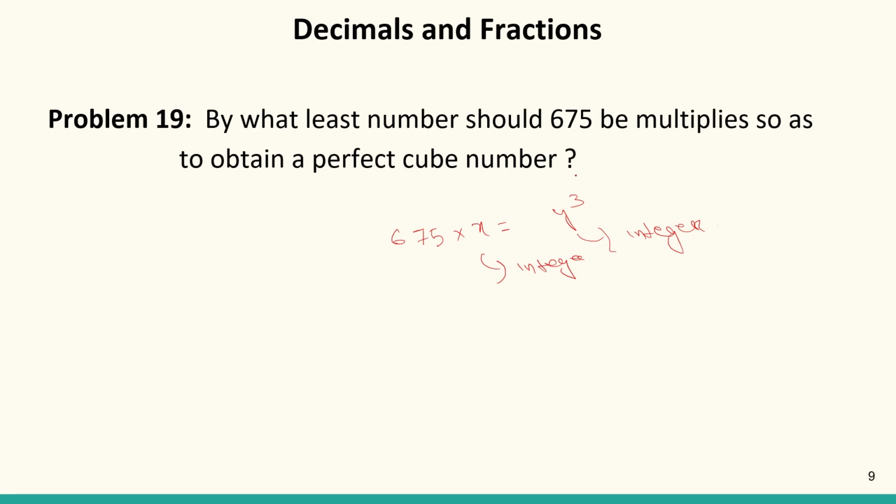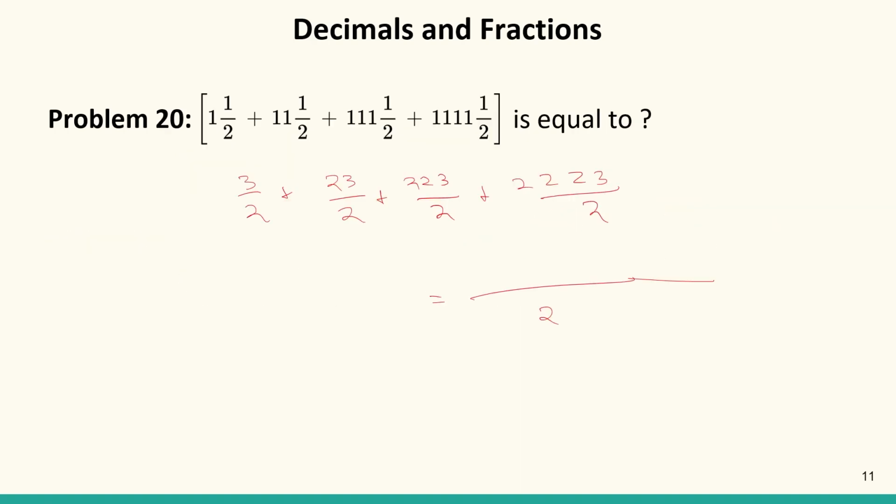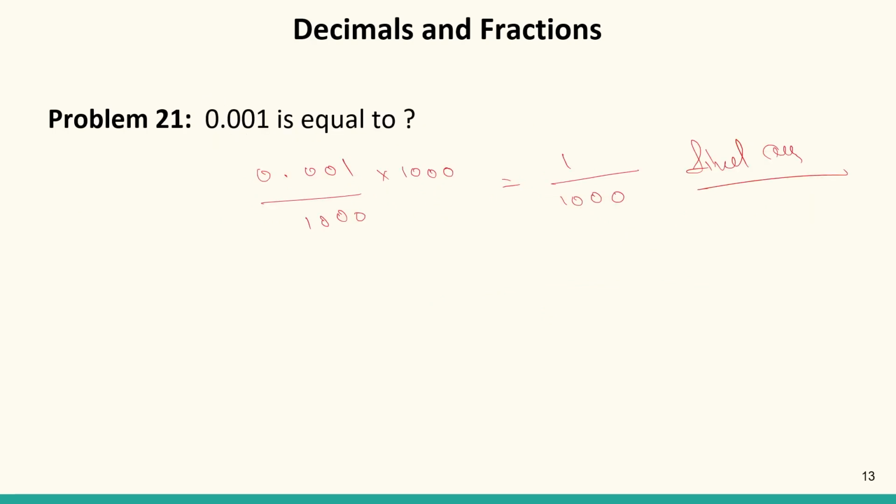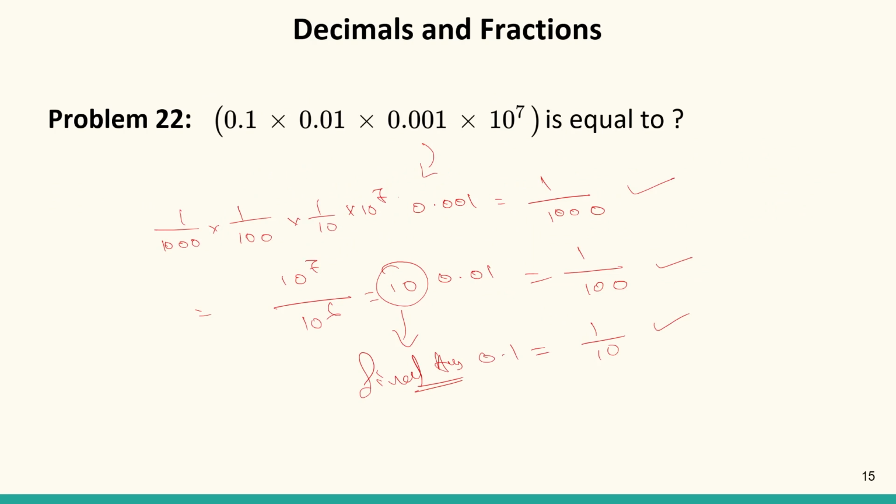Then the next question, what we did was we converted this to a perfect cube. What we need to multiply with 675 to make it a perfect cube, and the minimum number, that's what we needed. Okay, so then we added mixed numbers and it was easy, and then we tried to convert some decimal numbers to fractions.